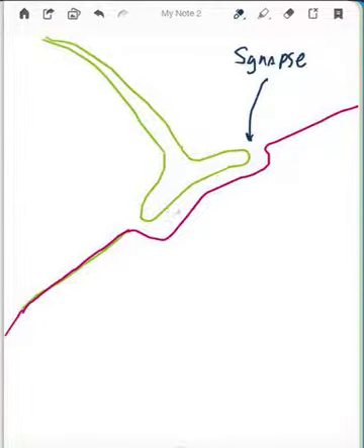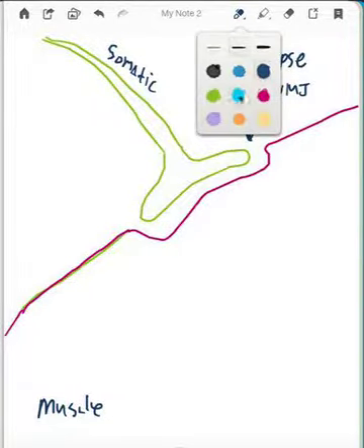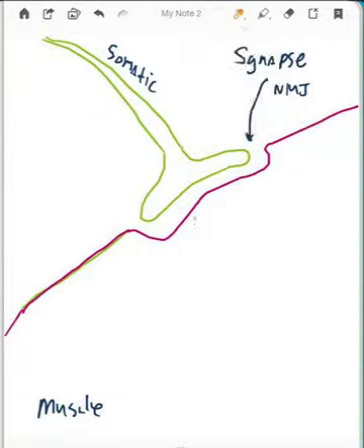But the specific term that we use to identify the synapse between a somatic nerve and the muscle that it's innervating is the neuromuscular junction, the NMJ. The NMJ is nothing more than the synapse between the somatic nervous system and the muscle that it's innervating.